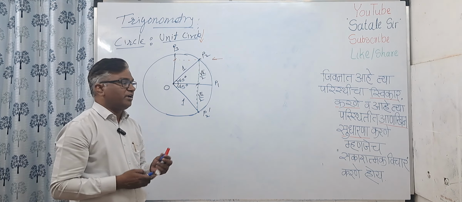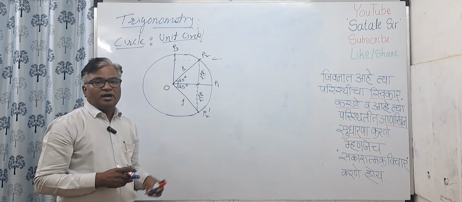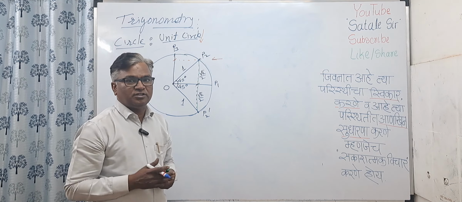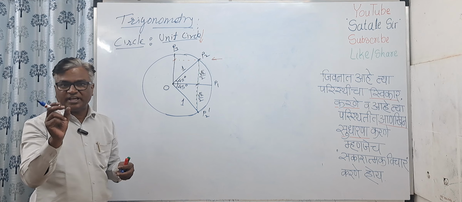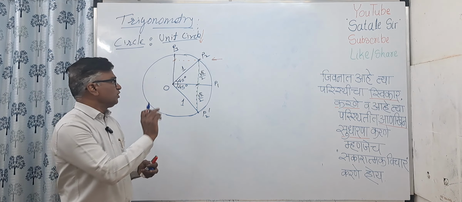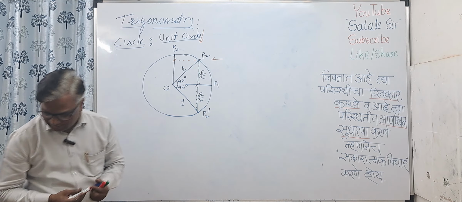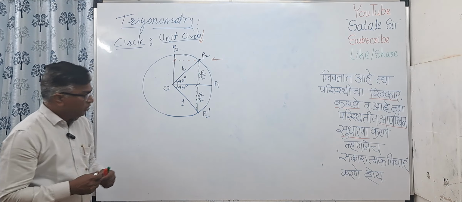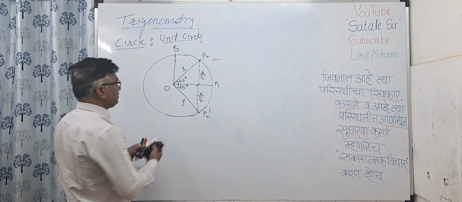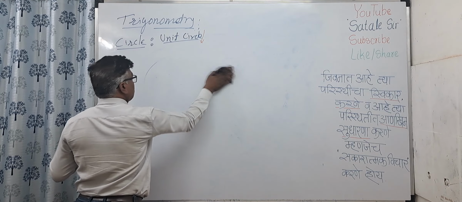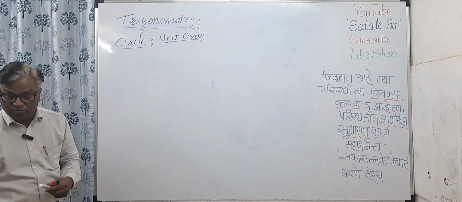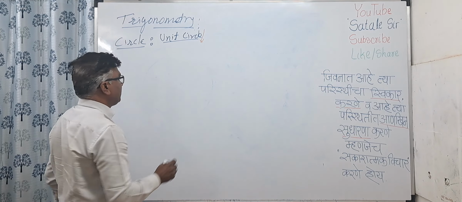We need to remember the values of sine, cosine, and there is one more trigonometric function called tangent, which is the ratio of sine and cos. So these we need to understand, and it is very easy actually. I will just draw one table here, and using that table we will see how to remember the values of sine, cos and tan.